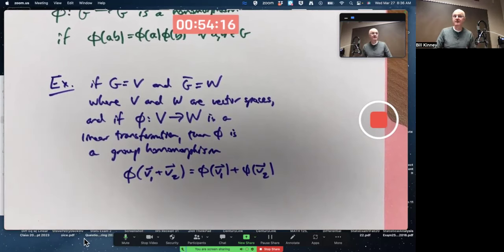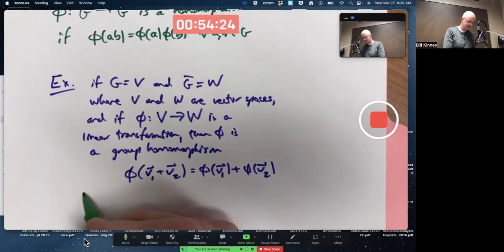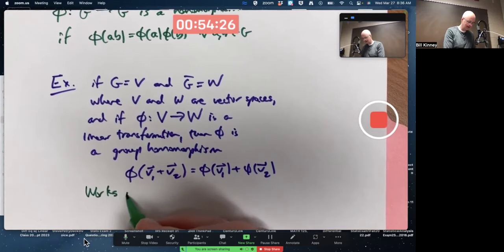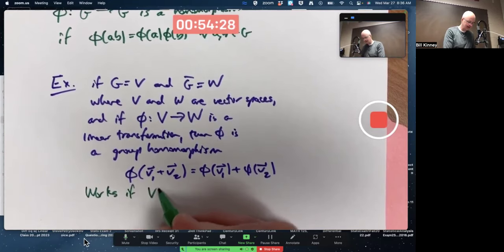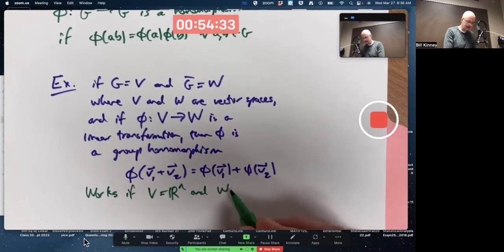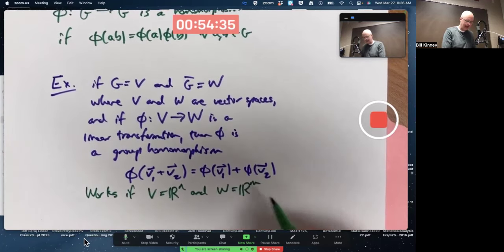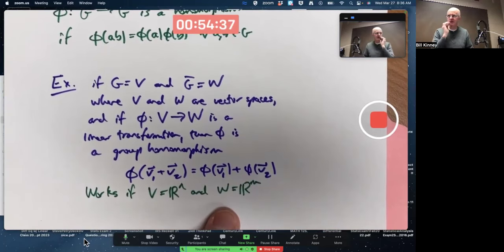In particular, if V and W are, say, Rn and Rm, n-dimensional space and m-dimensional space with coordinates that are real numbers, this works.